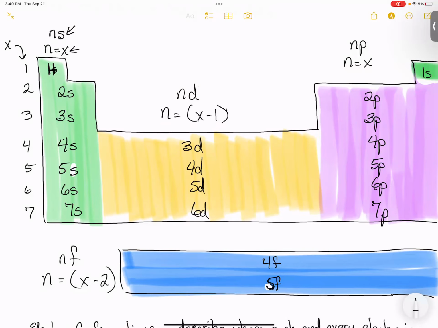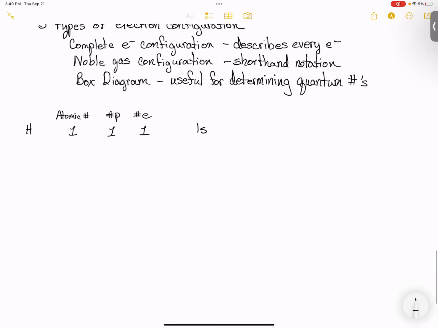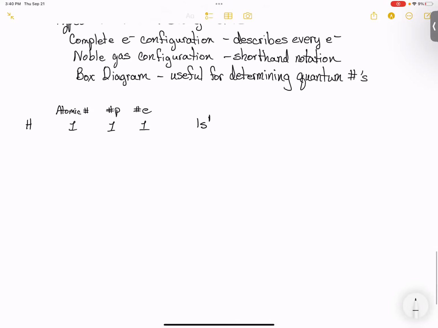So it is in the 1s because that was the period number. And hydrogen is the first element in that period, or first element in that block. So there's only 1 of them. This would be the complete electron configuration for hydrogen.